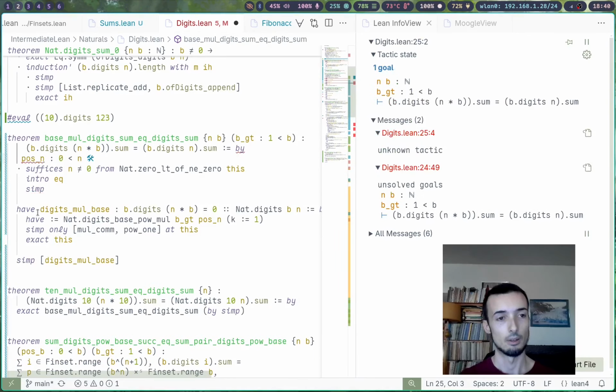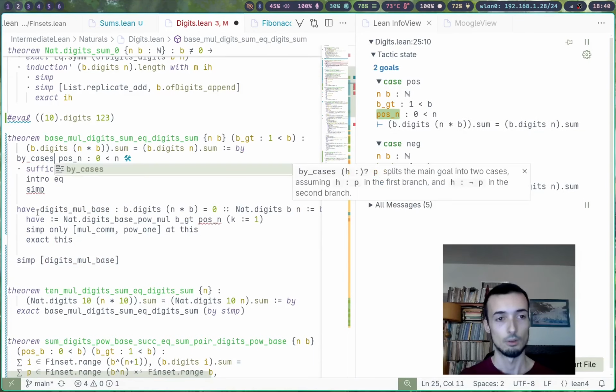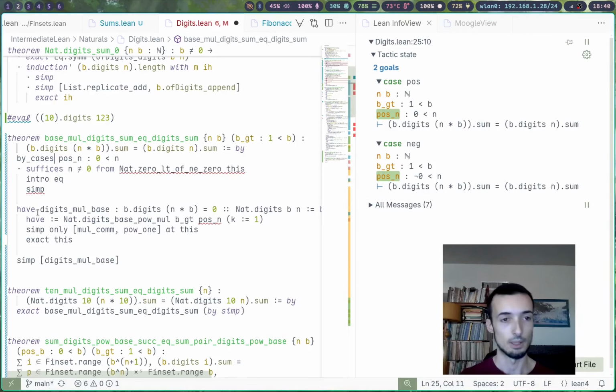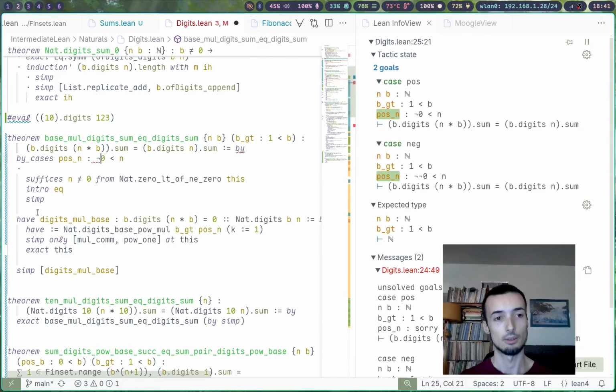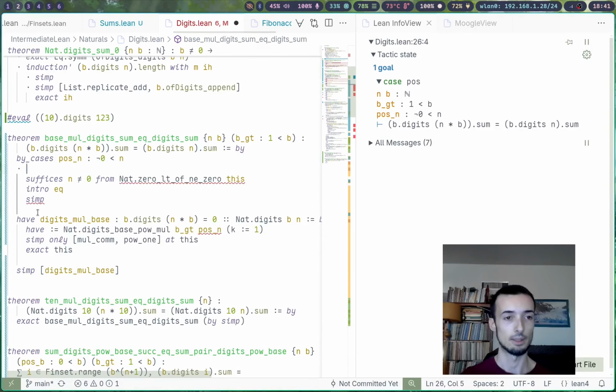Instead we'll just say by cases of positive n, and when we have n not equal to 0, less than n, we're going to push the negation at positive n, and then we're going to simplify.